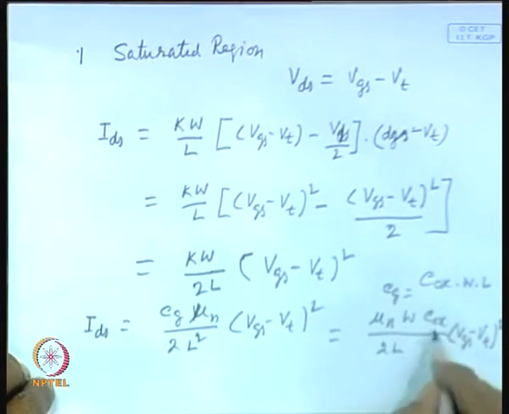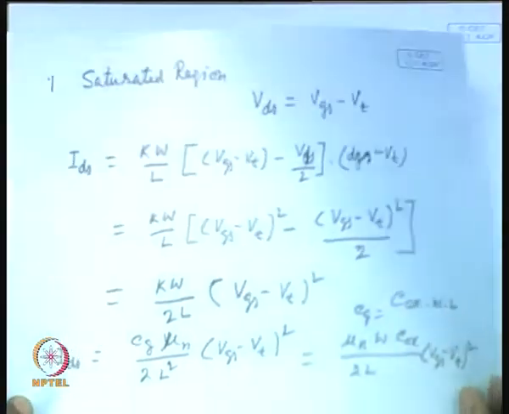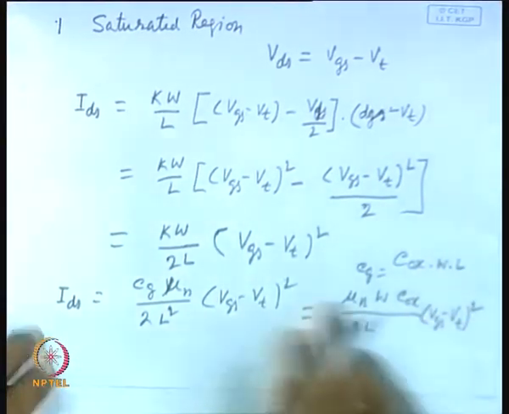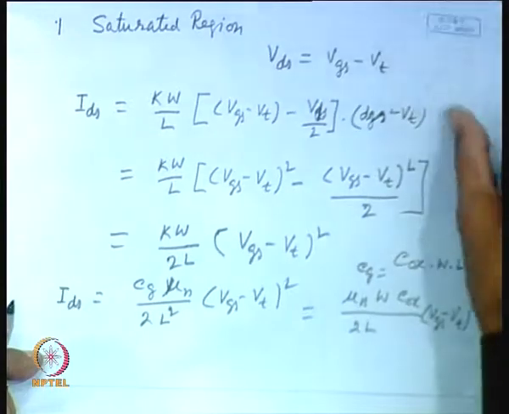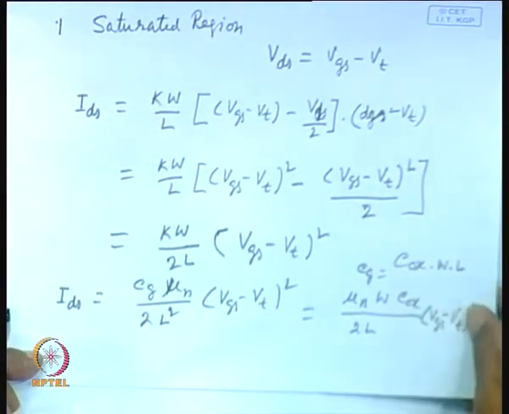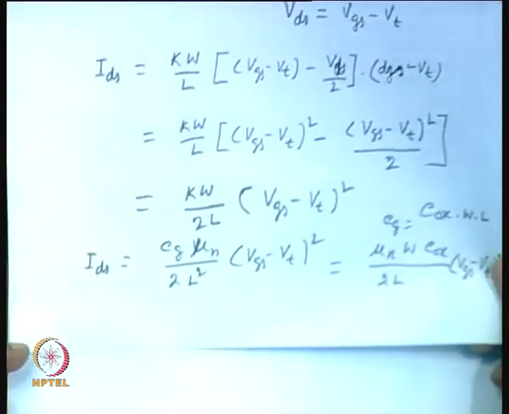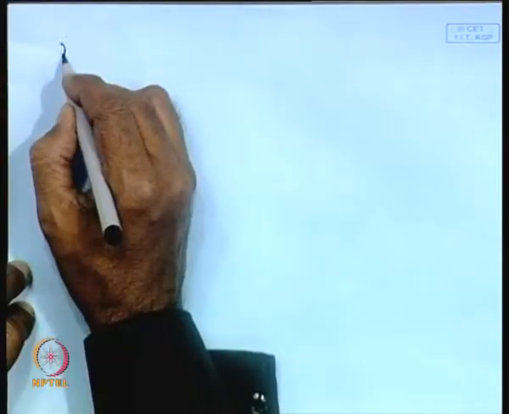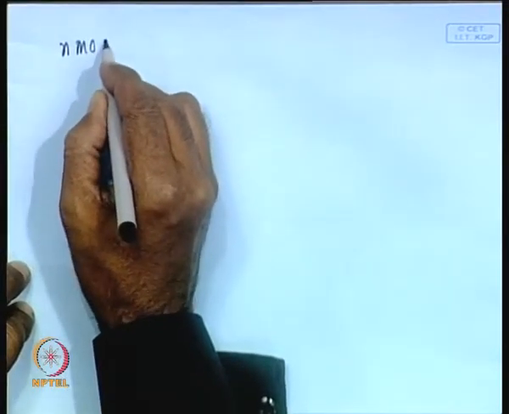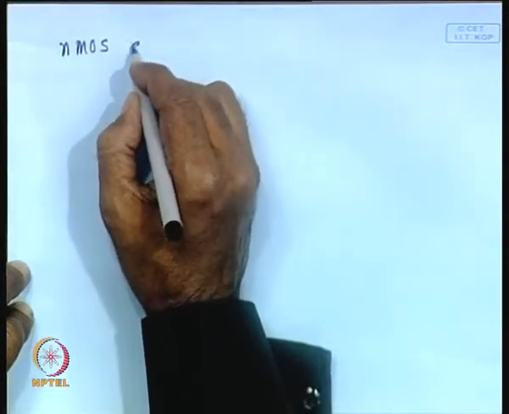So, this is in terms of the unit gate capacitance COX. Okay. So, we have seen the expression for saturation current. Now, let us represent the NMOS electrical characteristics.